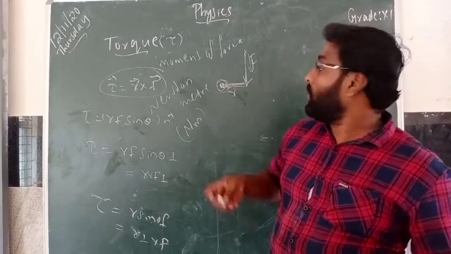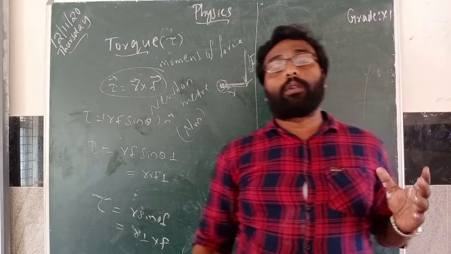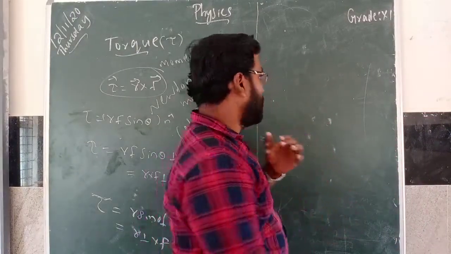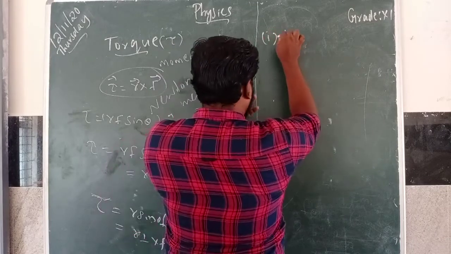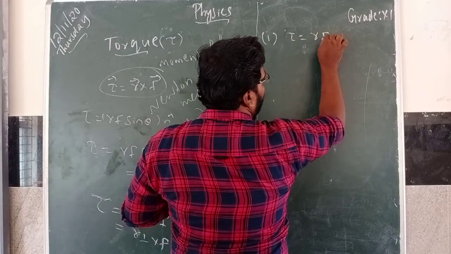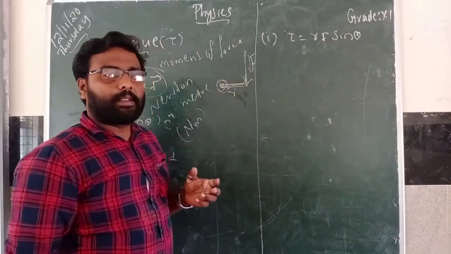Based on this rule, there are some cases when the torque will be maximum. This is our formula. First case: torque is equal to RF sin theta. This is our basic formula.